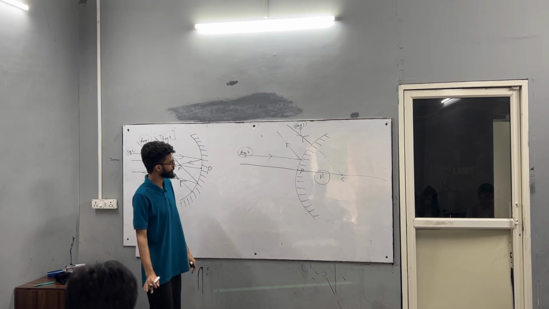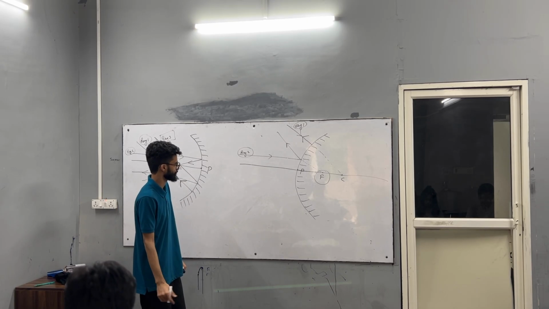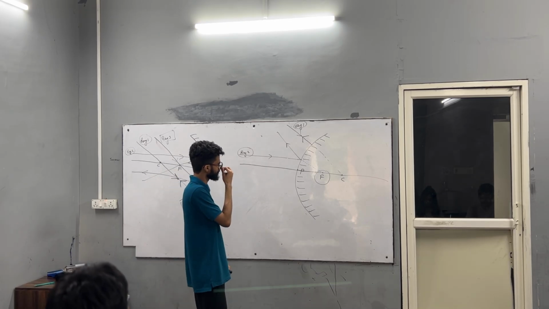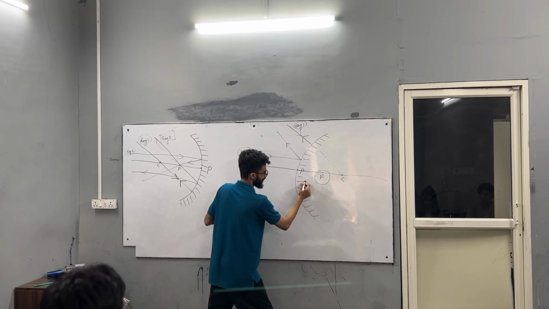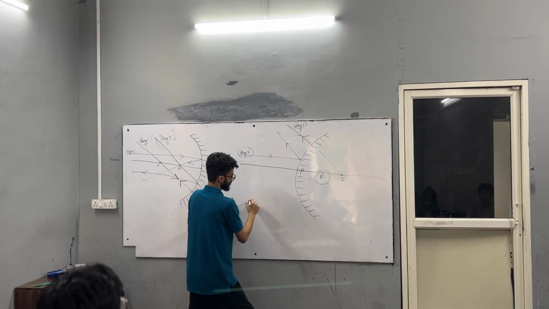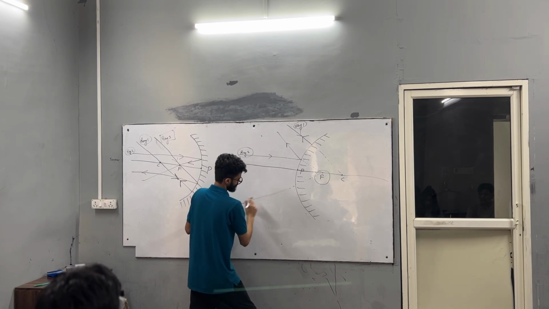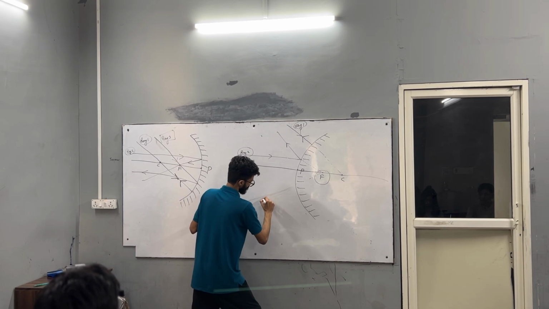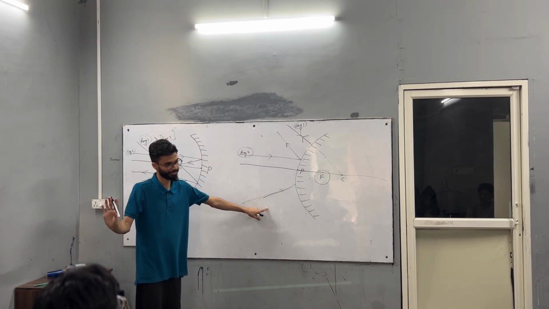Now, okay, let me draw it like this. I have to follow this pattern. So suppose this light ray, it's a straight line. Okay?